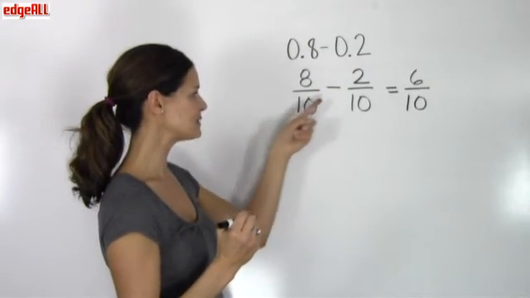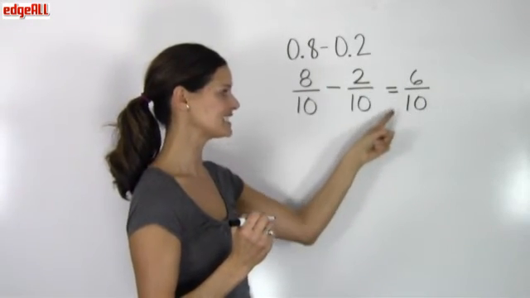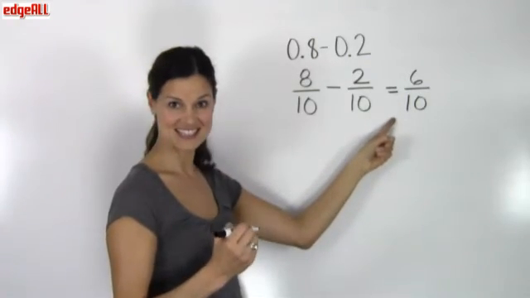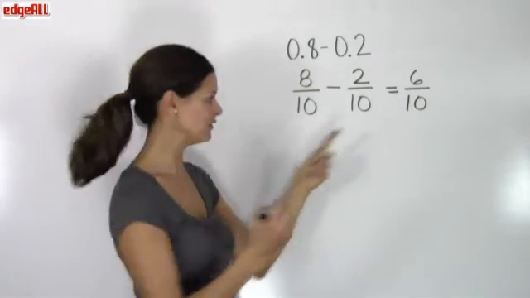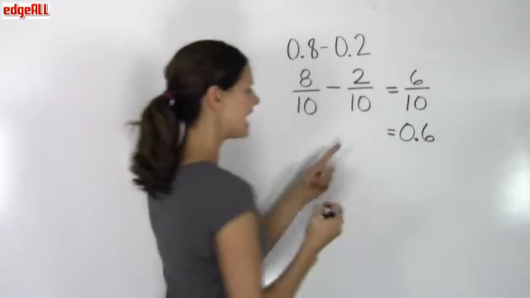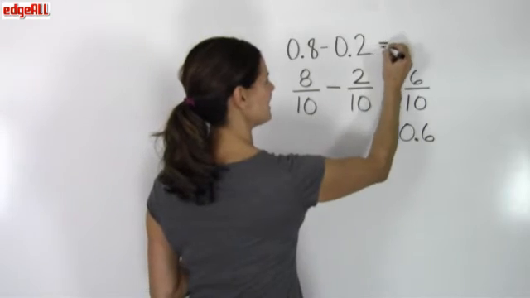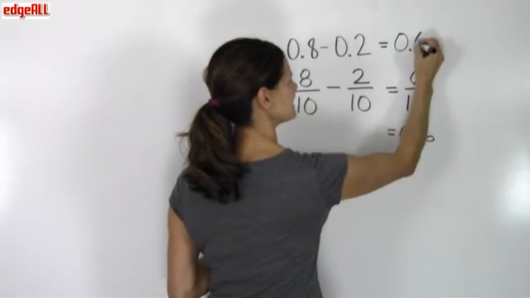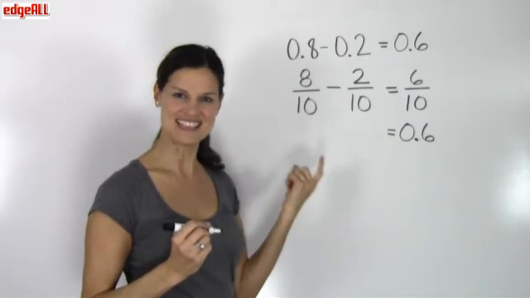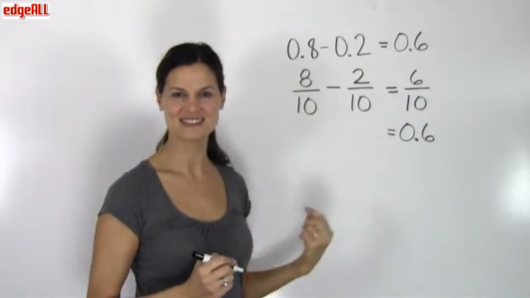So 8 tenths minus 2 tenths equals 6 tenths in fraction form, which then can be converted back to decimal form as 0.6. And the answer to my problem here then is 0.6. So you can see here the relationship between the decimals and the fractions.